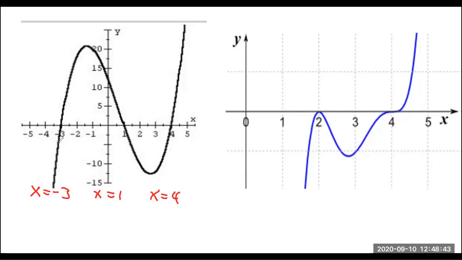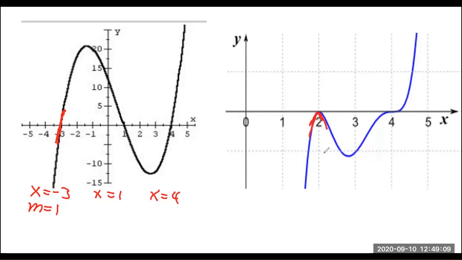Now, Emily, the rules are if it goes straight through like a line, then the multiplicity is a 1. Do you see how it's just gone straight through? That gives me a multiplicity of 1. Now, the other possibility is that when it gets to the x-intercept, it bounces off. Do you see here how it bounces off at 2?